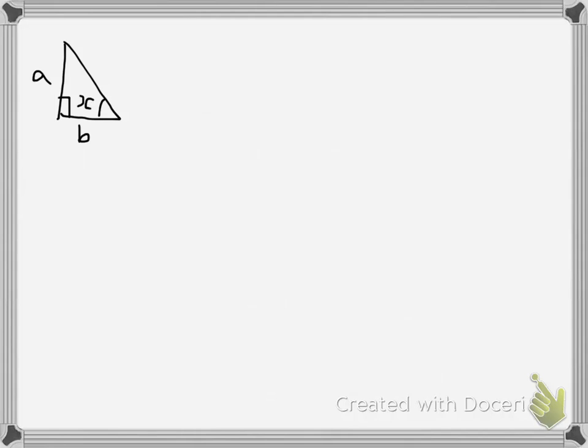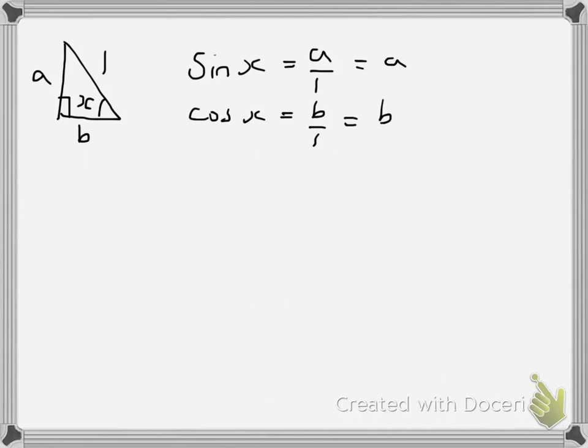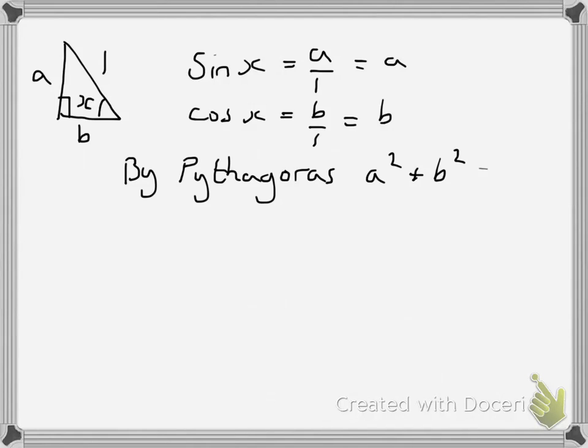For our third identity, I'm going to use the same thing again. I've got a triangle, label angle x, two sides A and B. Just this time, I'm going to call the third side the length of 1. So, looking at those ratios, sin x, I can see it's A over 1, which is just A. Cos x is equal to B over 1, which is just B. Thinking back to Pythagoras for right angled triangles, I can see that A squared plus B squared must equal 1 squared, 1.